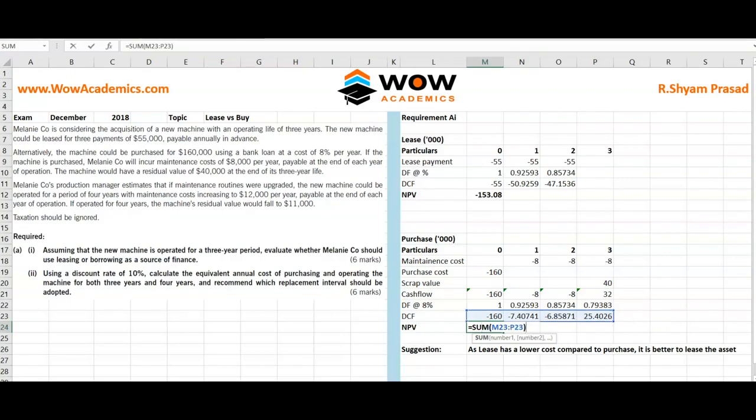It pulls through, and the answer is 148. So here, as purchase has a lower cost compared to lease, it is better to purchase the asset. Okay, so that's about the suggestion. So we have come to an end of the problem. So this is how you have to work out a lease versus buy problem. So we'll move on to the next problem.